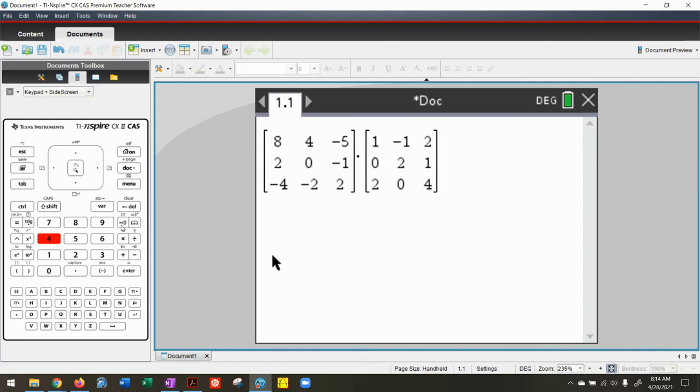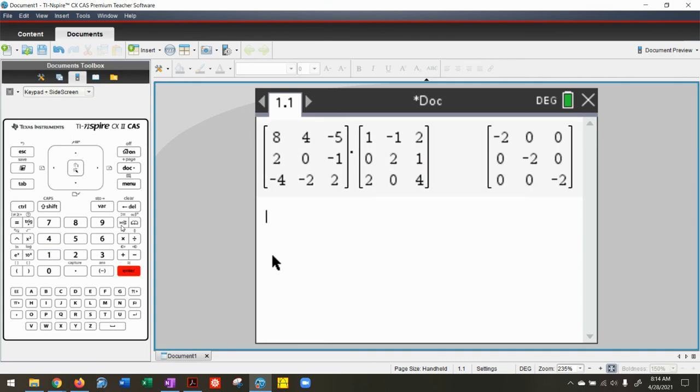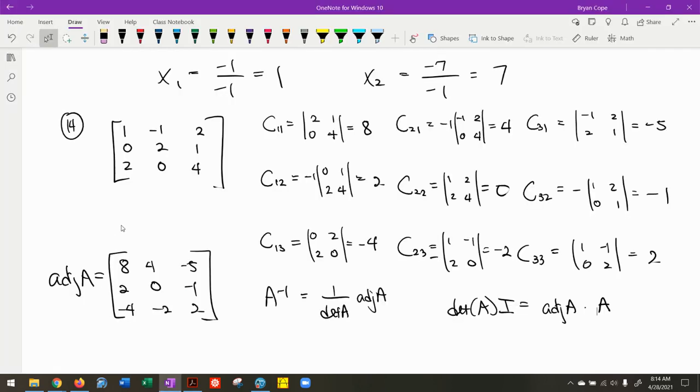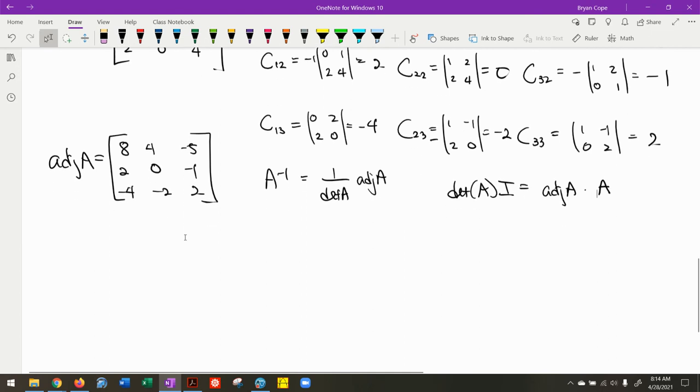Now what we're going to reveal here is the identity multiplied by whatever the determinant is. Cool, so that means the determinant is negative 2. So we kind of use this little cheater step to get the determinant. Determinant of A equals negative 2. So our theorem tells us we can just take 1 over negative 2 times the adjugate to get A inverse.